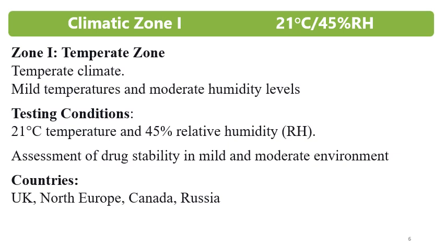If you think that these countries have a little bit lower temperature, yes, these countries have low temperature, mild temperature, and the humidity levels are moderate. In these zone countries, the temperature is mild and the humidity is moderate.